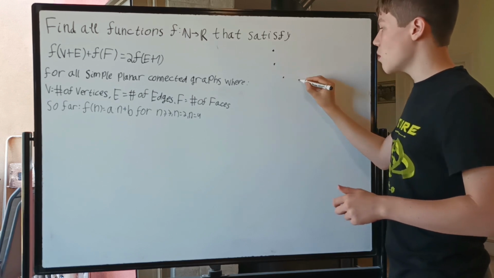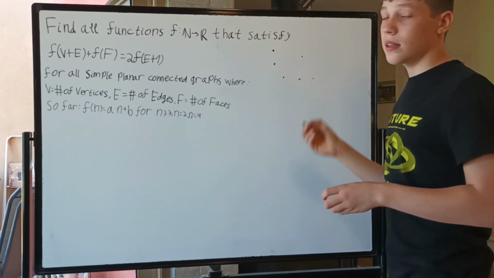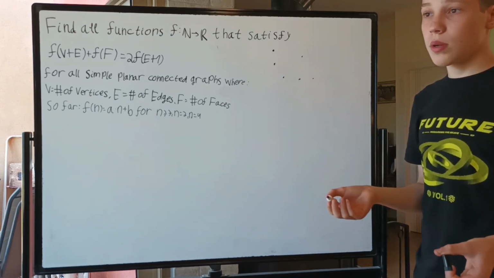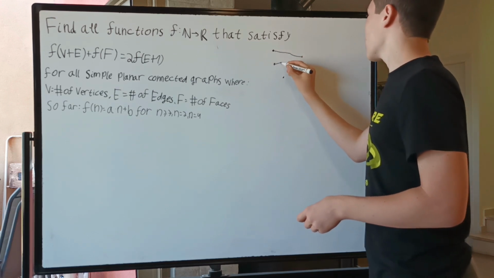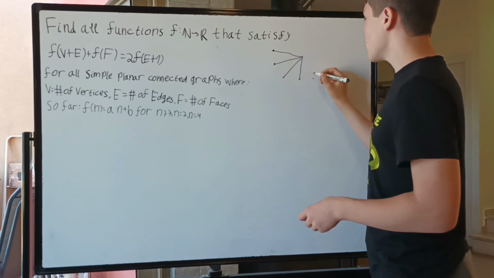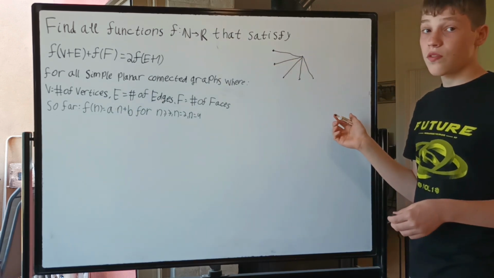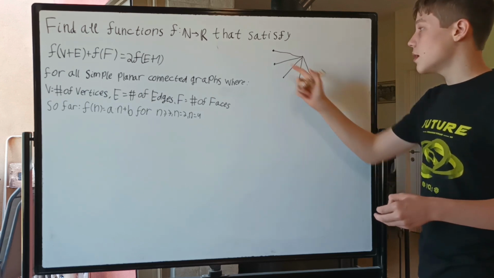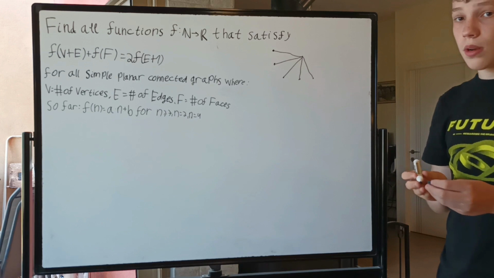Let's take n points, and let's take n plus 1 points, and let's draw all the edges from n points to 1 point. So in this case, we'll have like n is equal to 5, since we have 6 points, and we have 5 edges, and this time f is equal to 1.